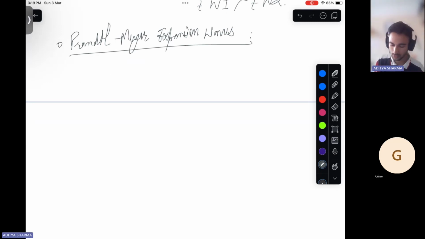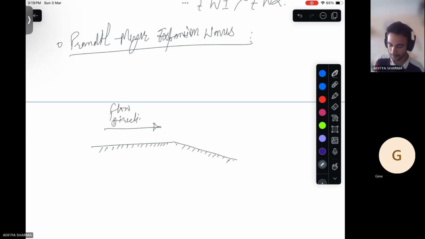So I'll just draw this wall and this turn, right? Sorry. So if this is the flow direction, right? What we get is these two Mach lines.